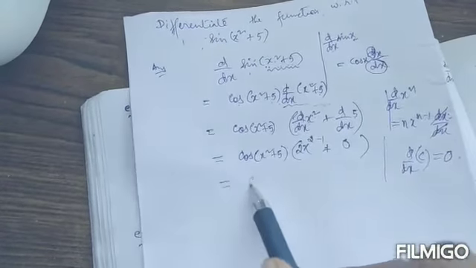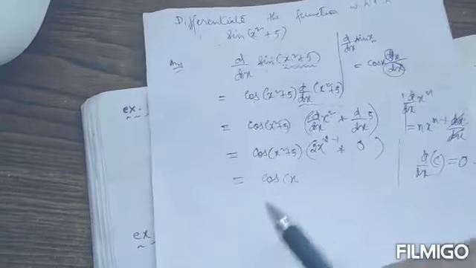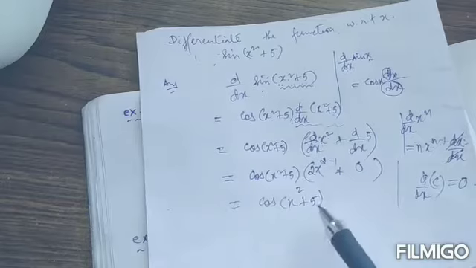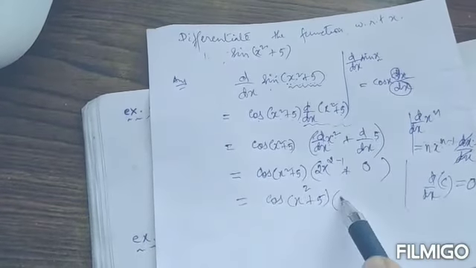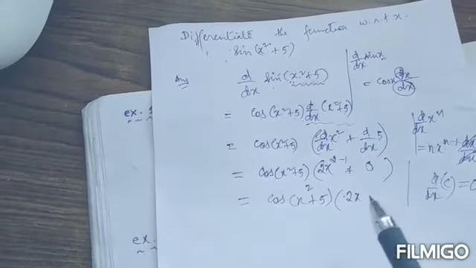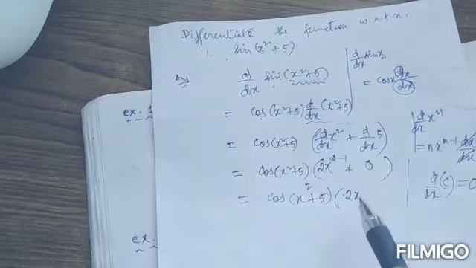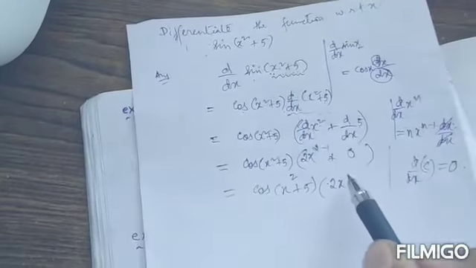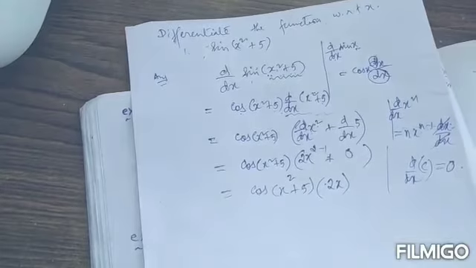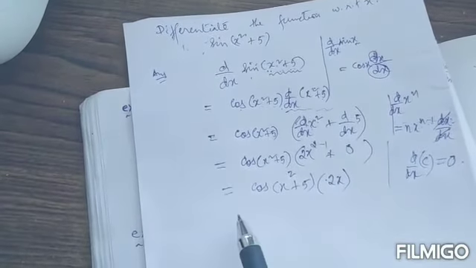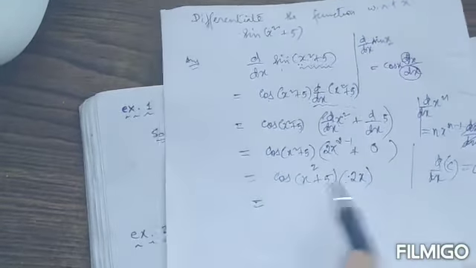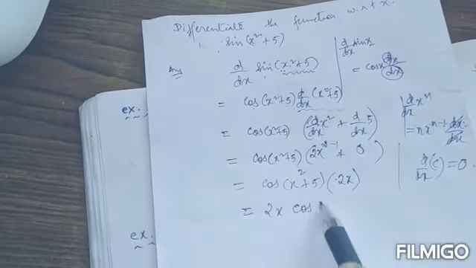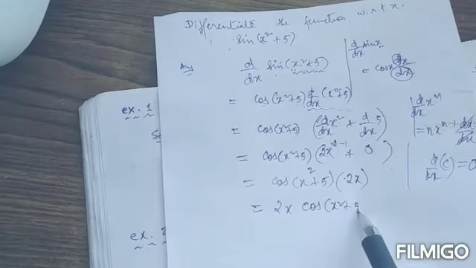And then in the next line, I'll have cos of (x squared plus 5), and then 2x power 2 minus 1, I'll have 2x only, because 2 minus 1 will be 1, I'll not write 1. And then plus 0, I will not write it anymore. Which is equal to 2x, I'll bring it in front: 2x, and then cos of (x squared plus 5).